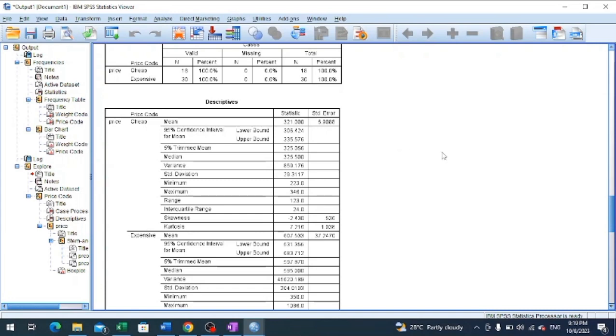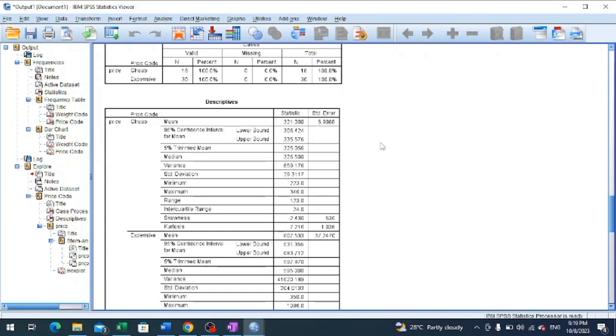Now we can interpret this for the 95% confidence interval. For the mean price of all cheap price diamonds, we can be 95% confident that the mean price of all cheaper price diamonds lies between $306.42 and $335.58.